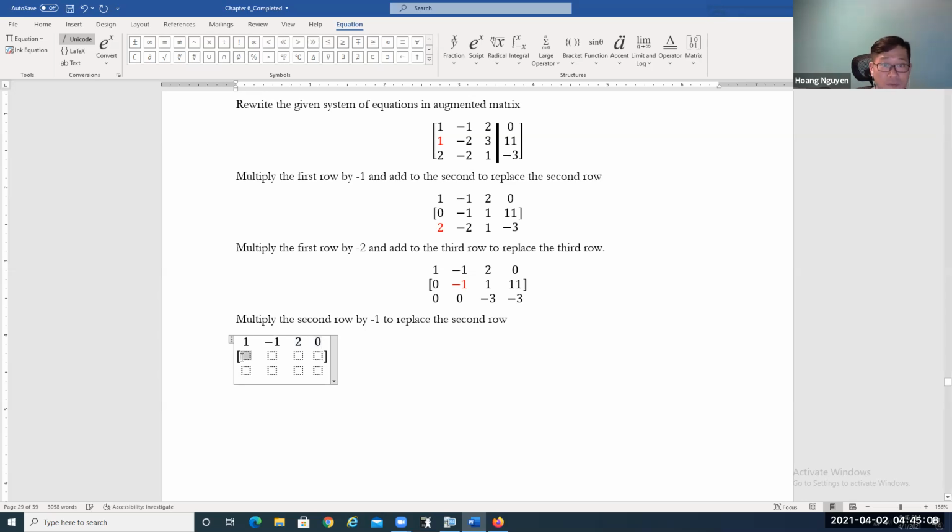The second row, I will multiply by -1. -1 times 0 is 0; any number times 0 will be 0. -1 times -1 is +1. -1 times 1 is -1. -1 times 11 is -11. The third row I will copy: 0, 0, -3, and -3.